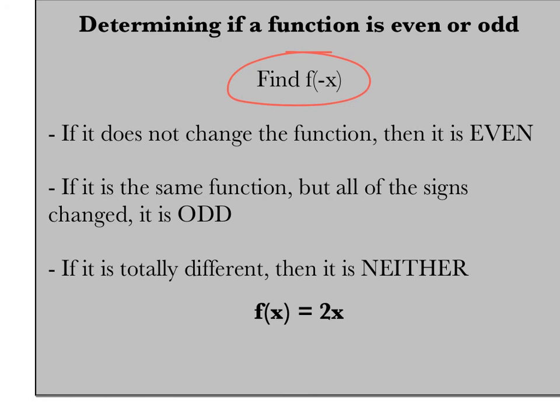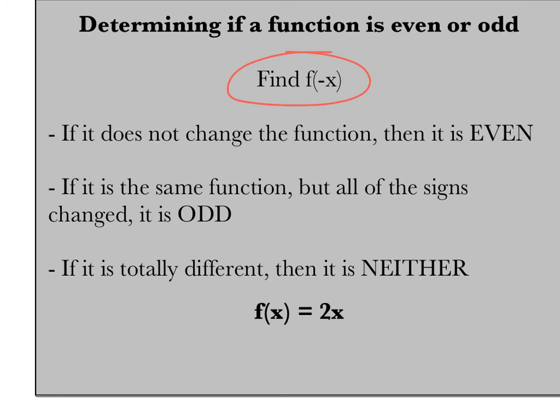If you plug in f of negative x and you get the exact same output as f of positive x, then it's even. If you plug in f of negative x and you just get the negative y value of it, then it's odd. So we can plug in f of negative x and evaluate and see what happens.